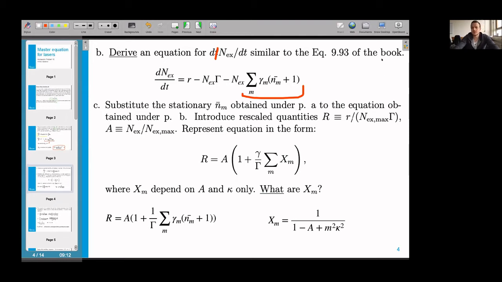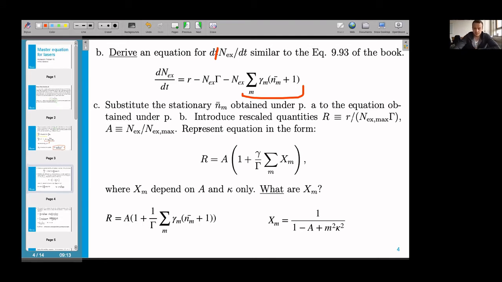So in question C, it's just a little bit of algebra, denoting different quantities and trying to obtain a dimensionless equation for the stationary number of excited atoms.